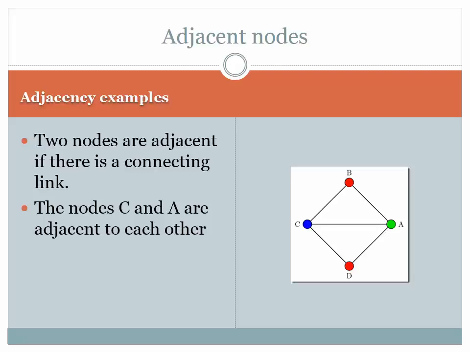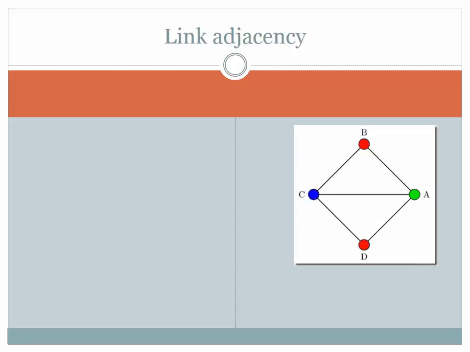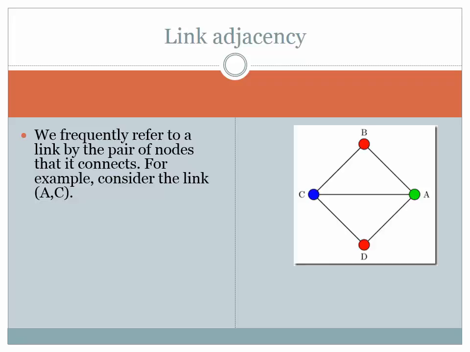So looking at the small network on the right, the nodes C and A are adjacent to each other, and the nodes B and D are not. We frequently refer to a link by the pair of nodes that it connects. So for example, consider the link AC, or we could have said CA.